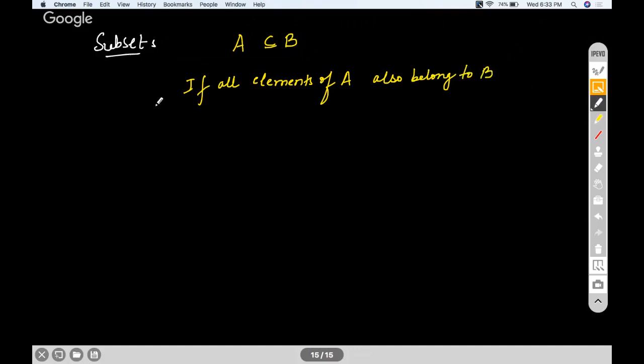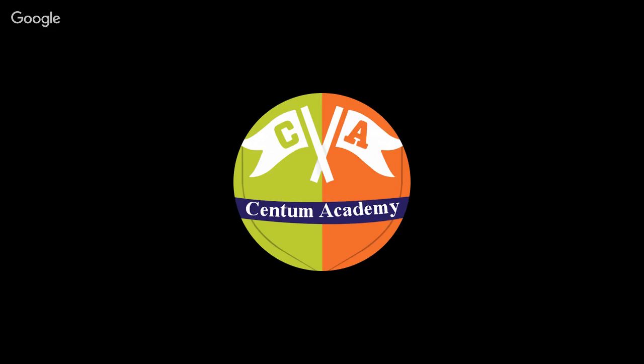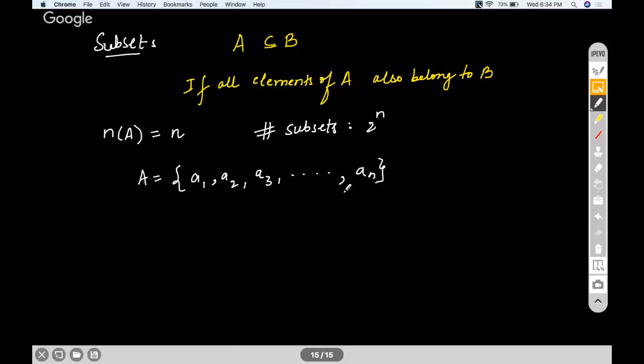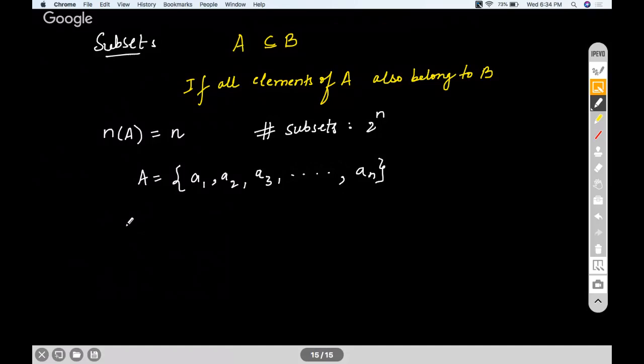Now, if set A has n elements, the total number of subsets that can be formed is 2 to the power n. How to do this? It's very simple. Let's say A has these elements A1, A2, A3, all the way till An.